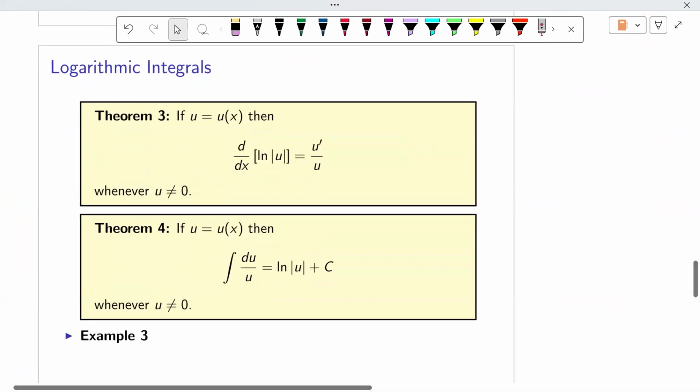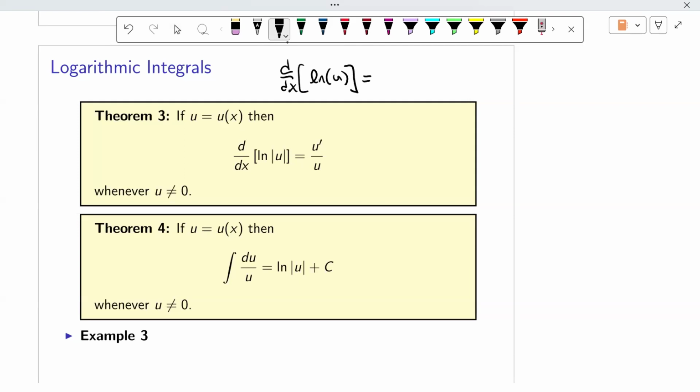So I've told you that the derivative of the natural log of u is u prime over u. But something else is true as well, which is a little bit better.